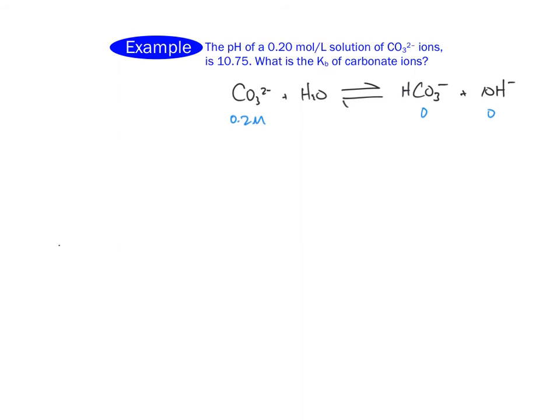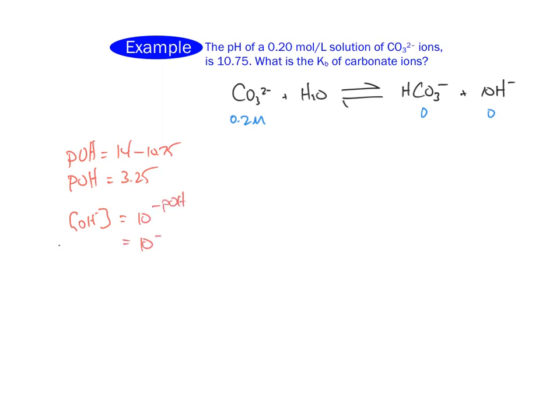So what we could do then is find the pOH. The pOH is going to be 14 minus 10.75. The pOH is going to be 3.25. Once we have the pOH, we also know that the hydroxide ion concentration can be found from 10 to the negative pOH.